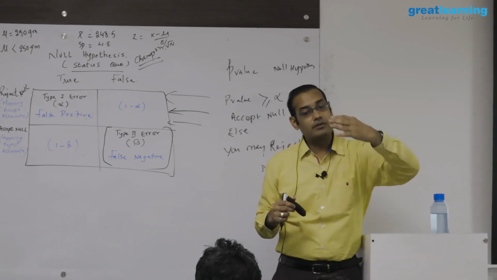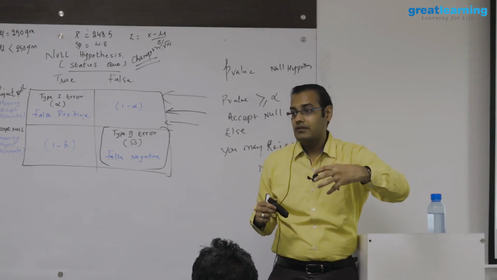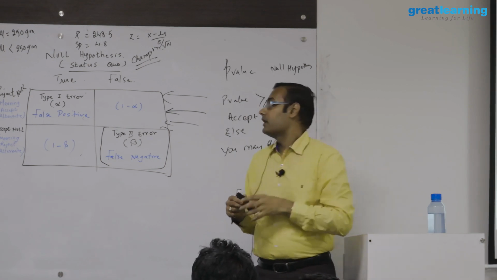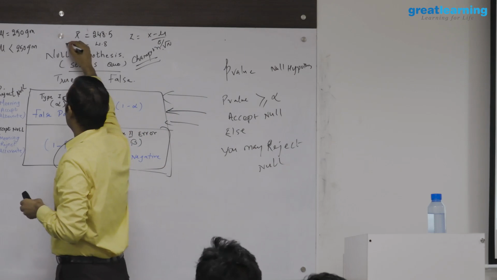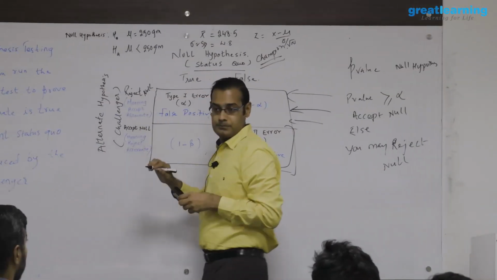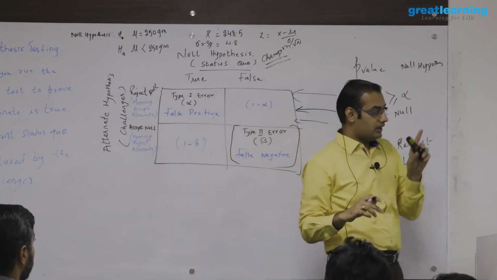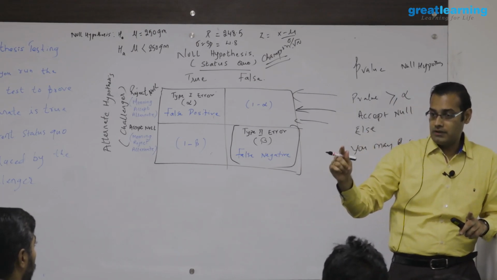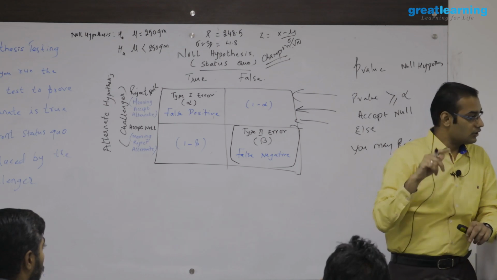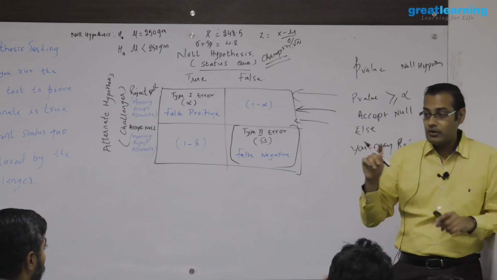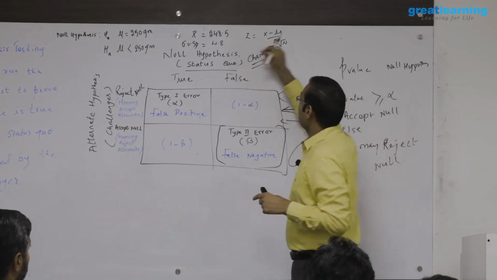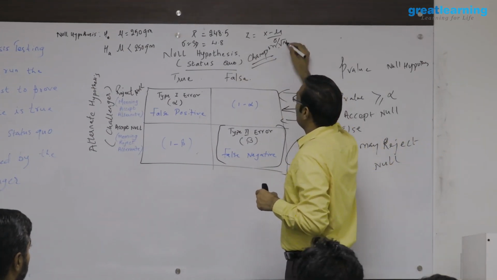So I can make the assumption that this standard deviation which I have got from the sample is equal to population standard deviation. So I'll say this is equal to sigma. Okay. Please understand there is a difference. Standard deviation of sampling distribution is different and standard deviation of the sample is different. Here we have got standard deviation of the sample. So standard deviation of sampling distribution will be sigma divided by root n.